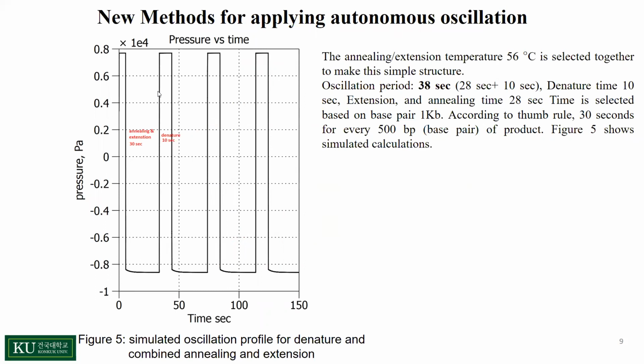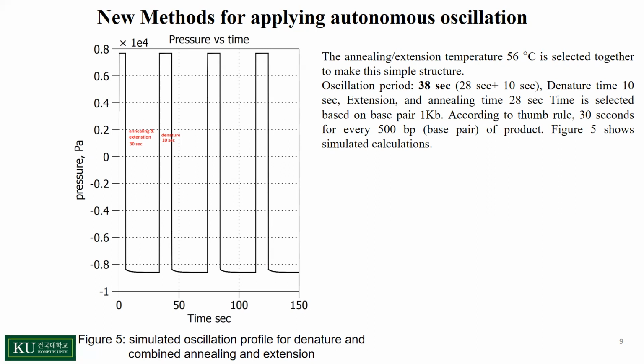Another important change I need to follow. We know that for the amplification of DNA, there are 3 important steps: denaturation, annealing, and extension. Denaturation normally happens at 90 degrees, extension at 72 degrees, and annealing at normally 52 degrees. But sometimes annealing and extension can be combined for a simpler device, and it also works.